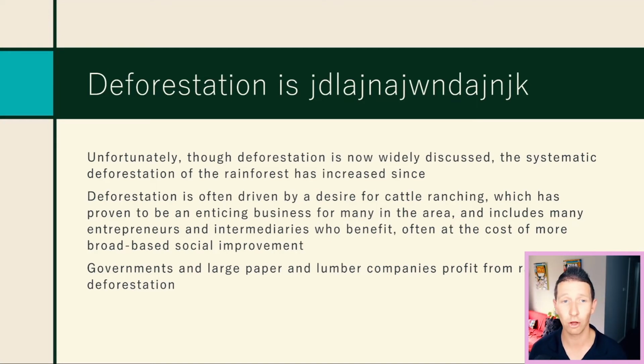Sorry, Rehearsal Coach, maybe. Oh, don't use "like." If I speak really slow and start reading my slide out: "Unfortunately, though deforestation is now widely discussed, the systematic deforestation of the rainforest has," try to avoid reading the slides, summarize your key points. All right, that is Rehearsal Coach.